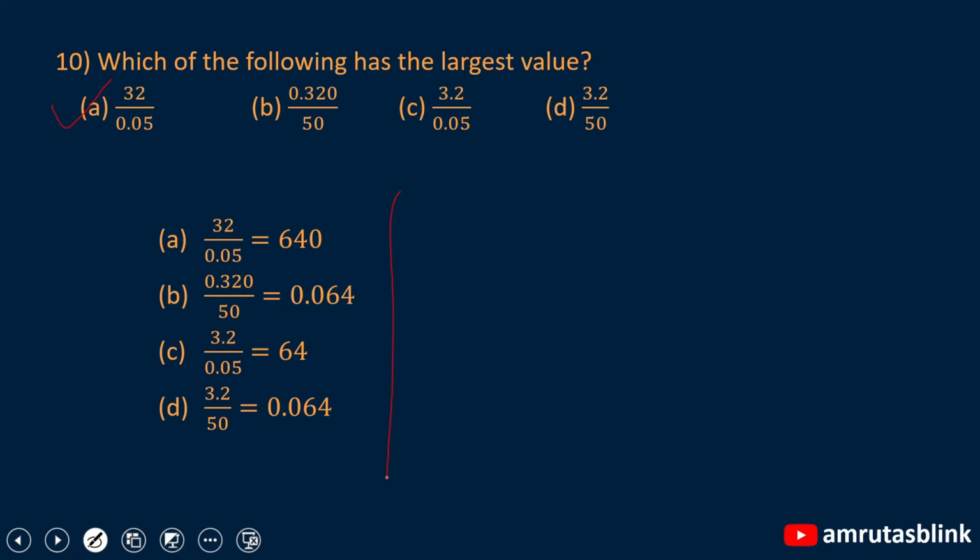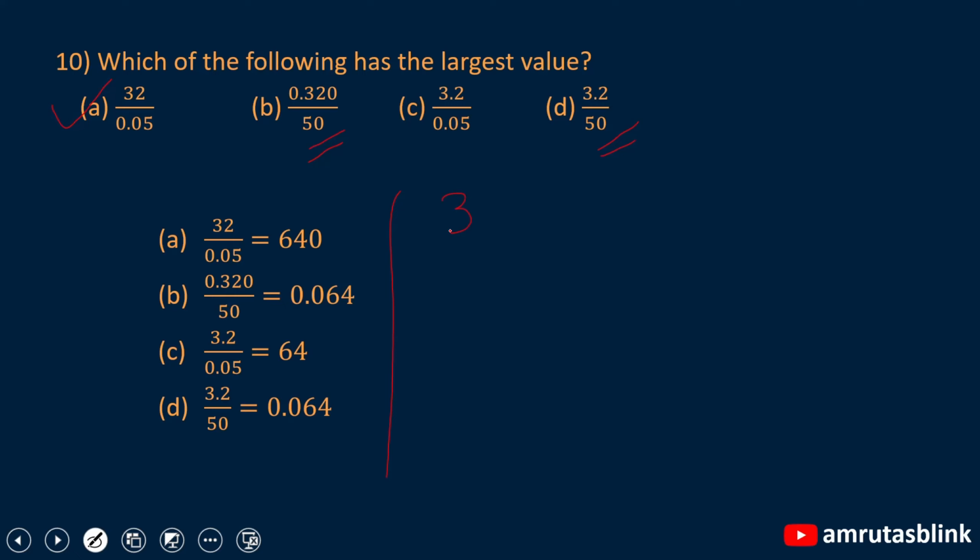Now here, by simplifying the fractions, you can make the denominators of all these 4 fractions equal, or you can make the numerators equal. Here we will consider 50 as the base, and for option A and option C we will make their denominators 50.